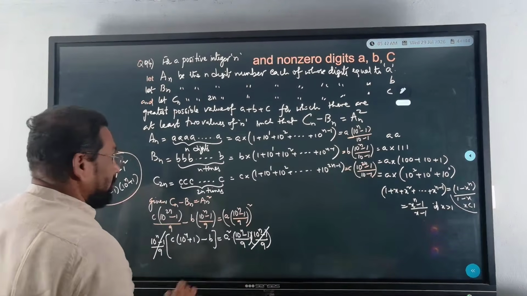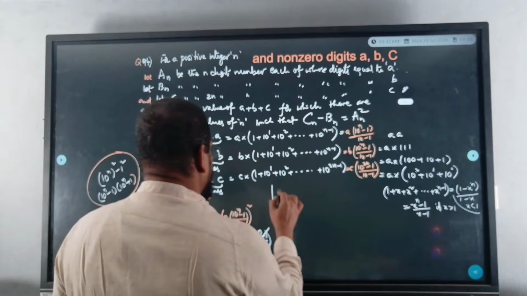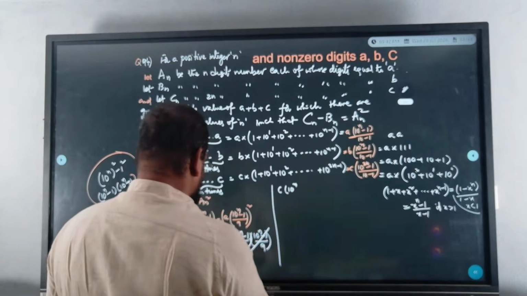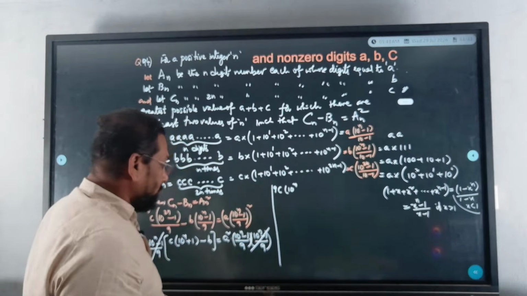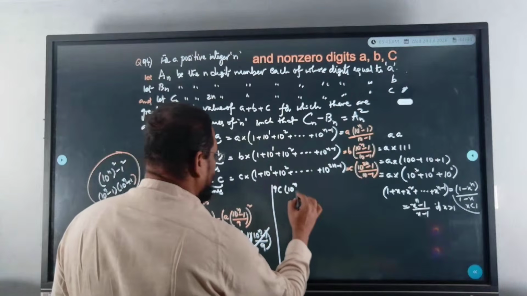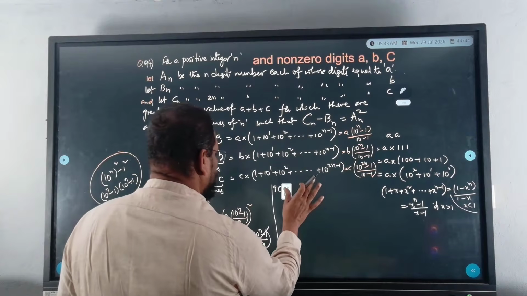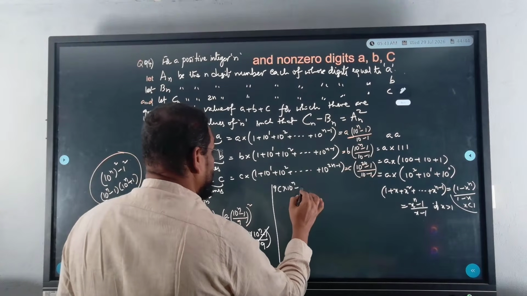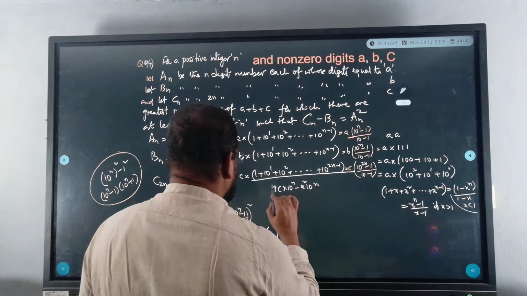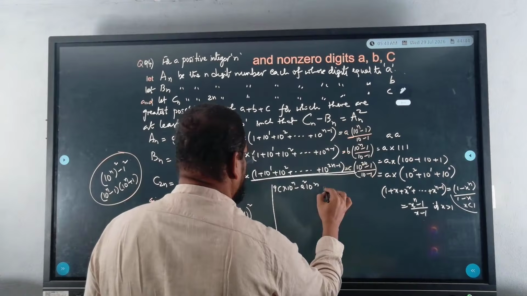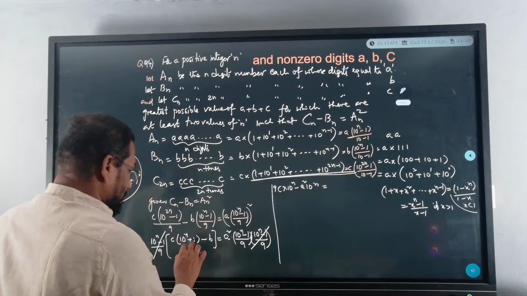So these two get cancelled, right? So c into 10 power n, c minus 9c into 10 power n. This is a square into 10 power n on this side, minus c into 10 power n minus a square into 10 power n is equal to, here it is c plus c minus b.